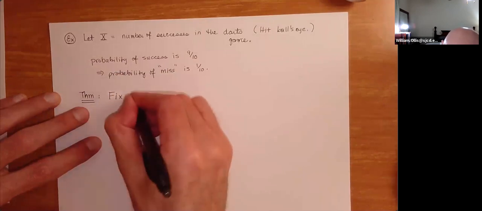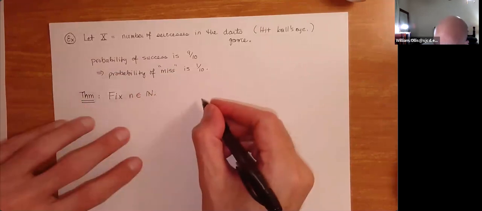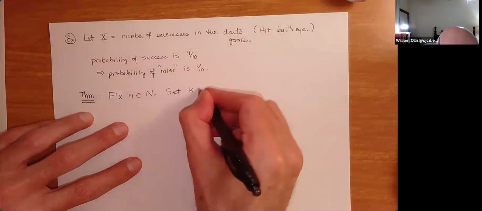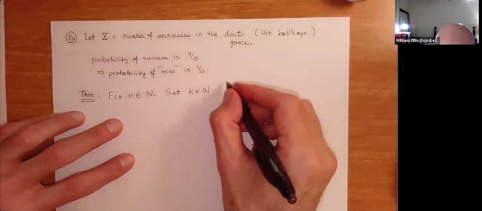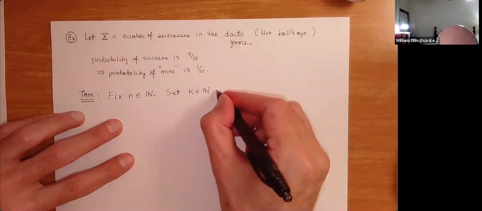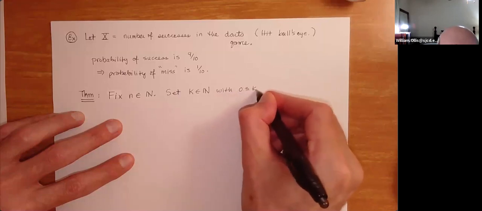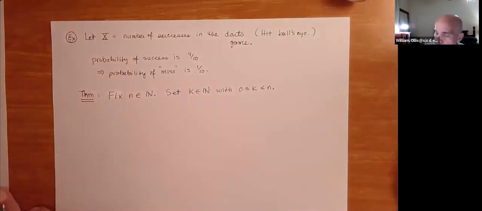Fix n, an element of the natural numbers, and then set k, an element of the natural numbers. You're thinking, well, this sounds like the binomial theorem again, and binomial coefficients, with k running from 0 to n. So you're thinking k is going to keep track of successes.